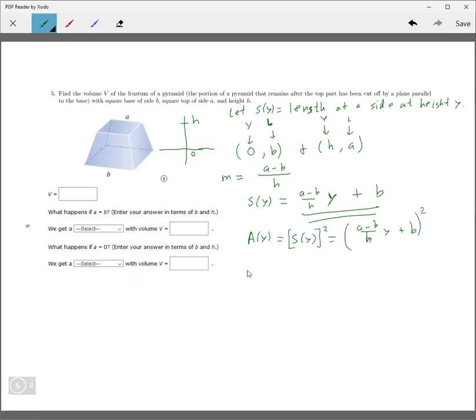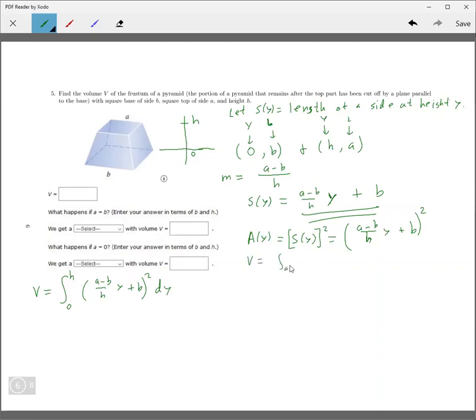Okay, so the volume is going to be the integral from 0 to h of this squared dy. Okay, so that's our cross-sectional area.